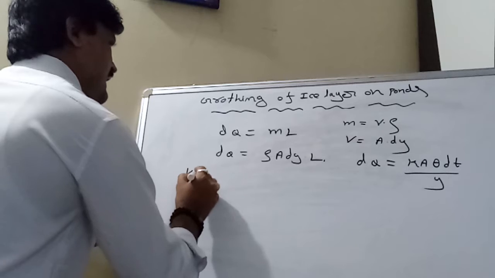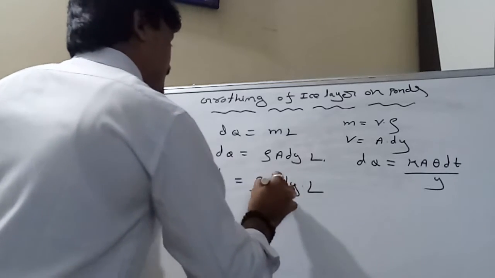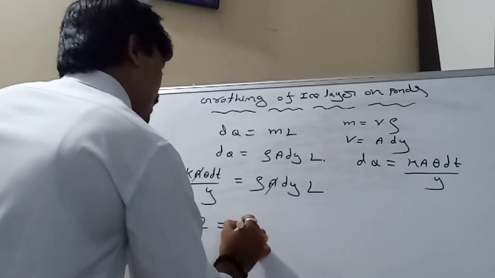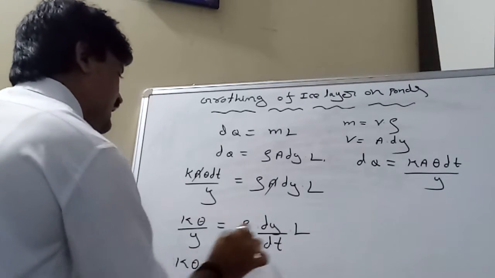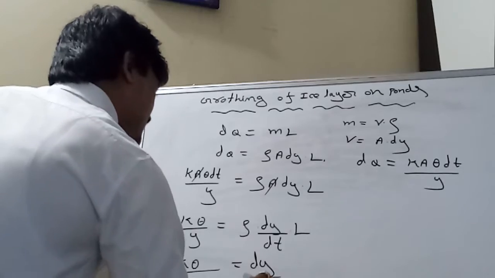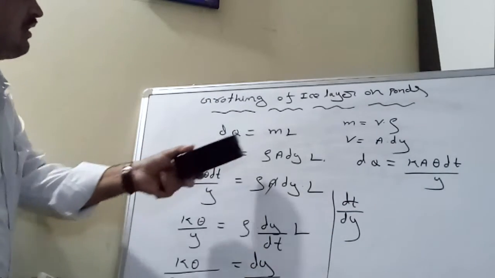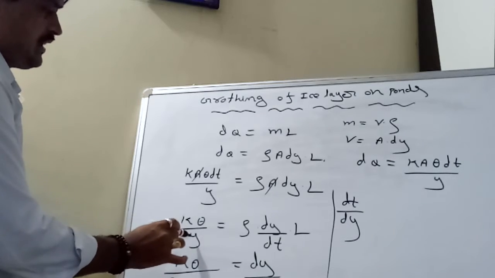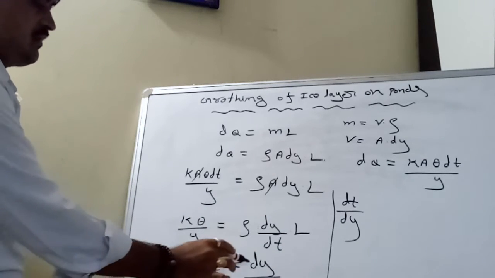Then K A theta dt by y equals rho A dy into L. A cancels, so K theta by y equals rho into dy by dt into L. So K theta by rho L y is equal to dy by dt.